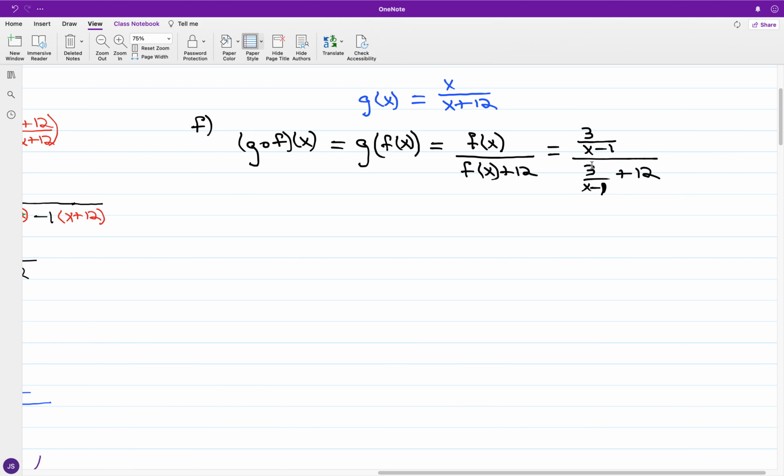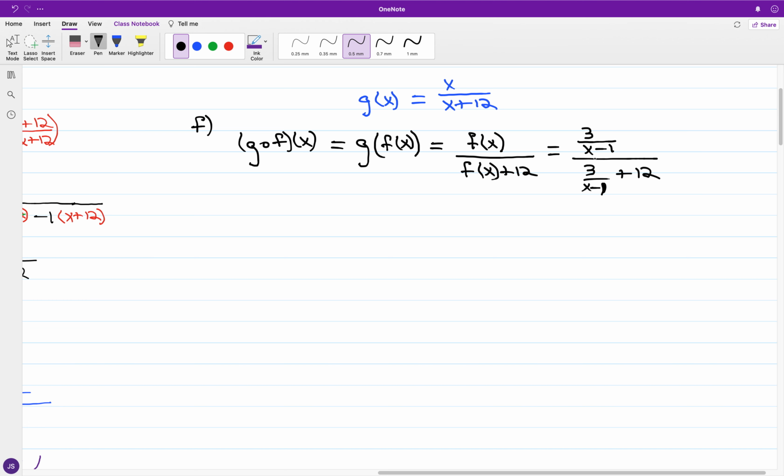Okay, and just as I had cleared out x plus 12, I'm going to clear out x minus 1. So for the expression case, you have 3 over x minus 1, all over 3 over x minus 1 plus 12. So I think I'll do this.